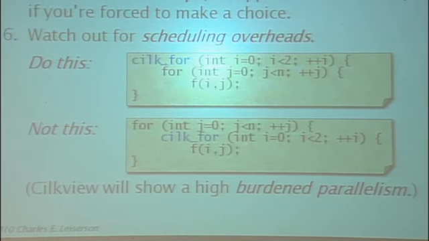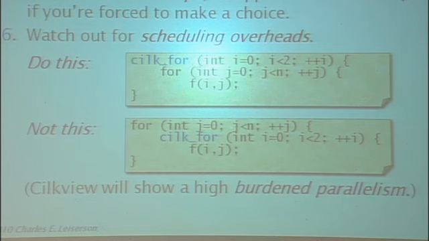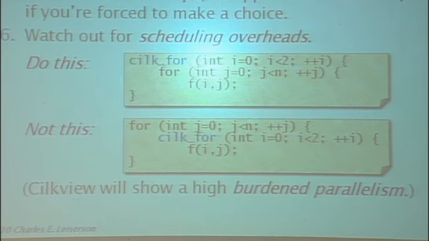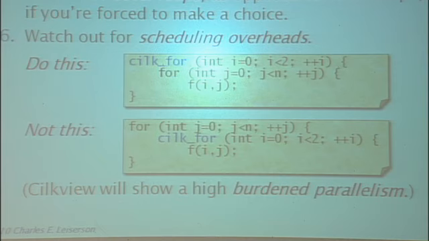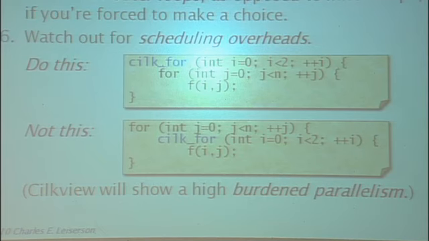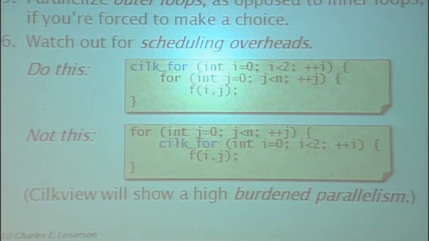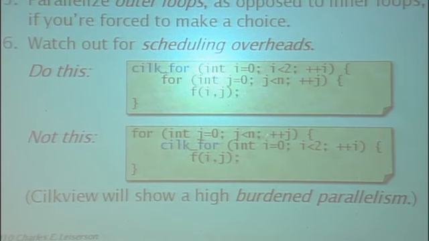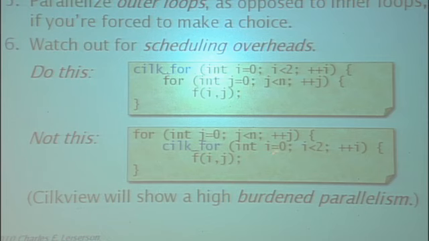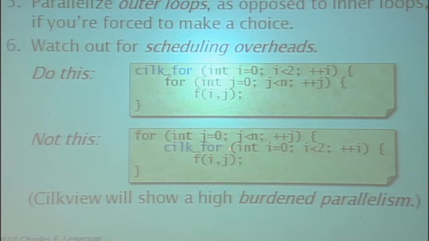What's the parallelism? It's not n, because I'm basically going through the outer loop serially. For each iteration here, the parallelism is 2.